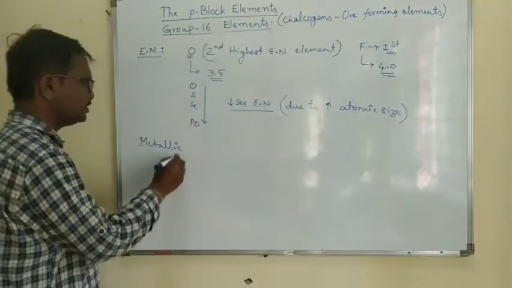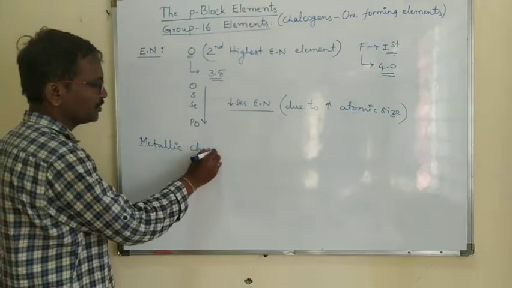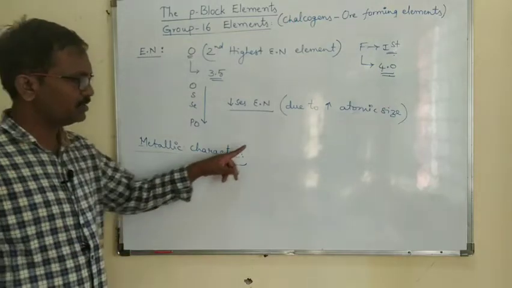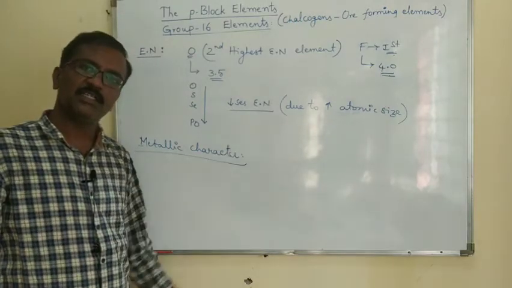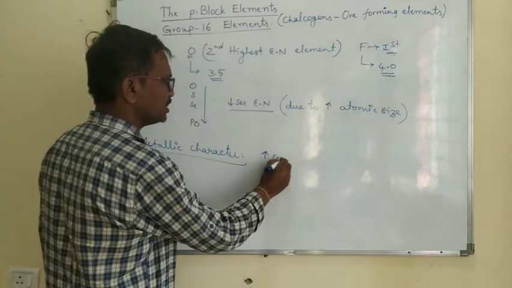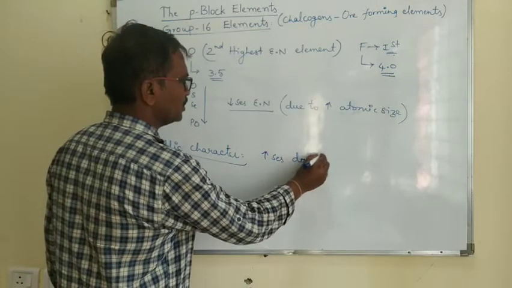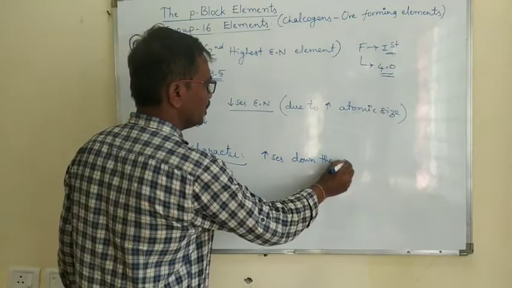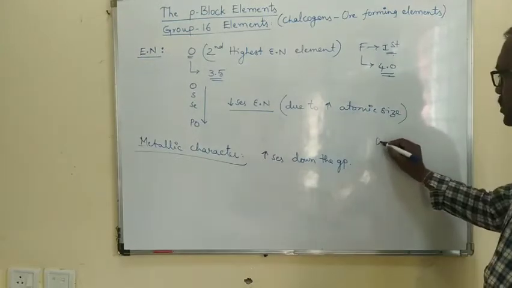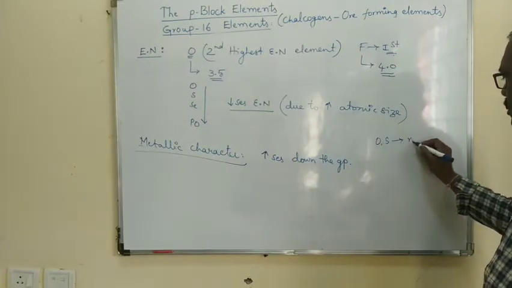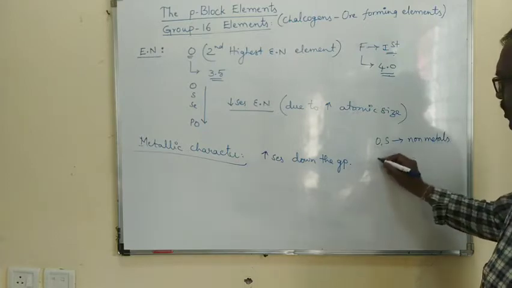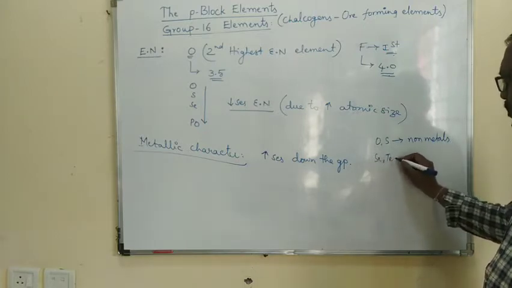Right? The next one is metallic character. You know, metallic character generally increases down the group. That means oxygen and sulfur are non-metals, right?